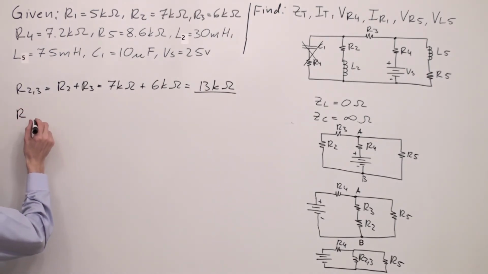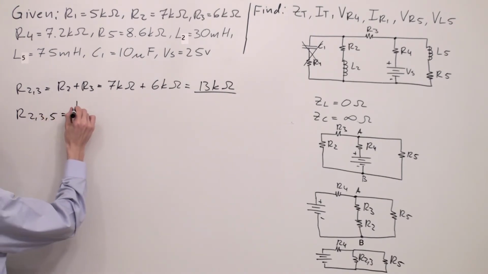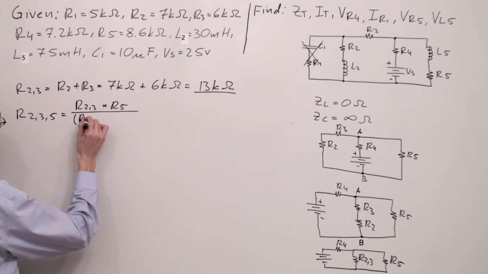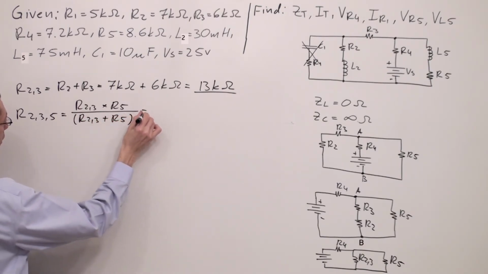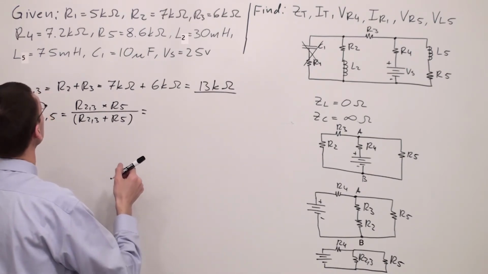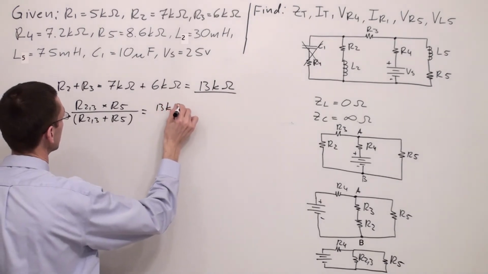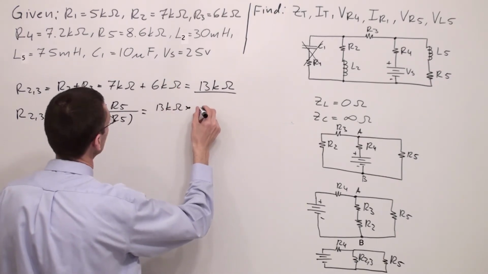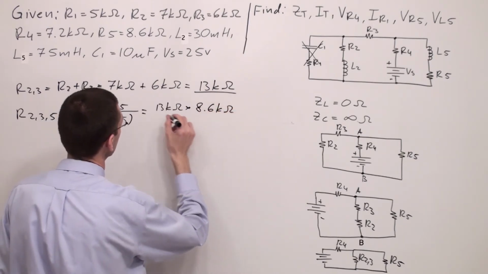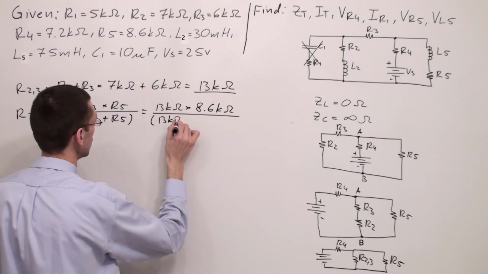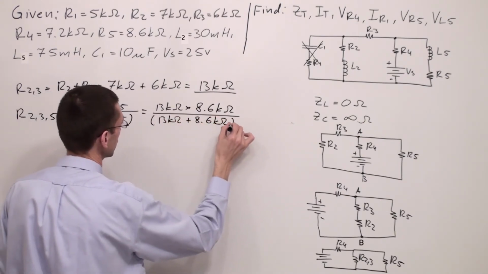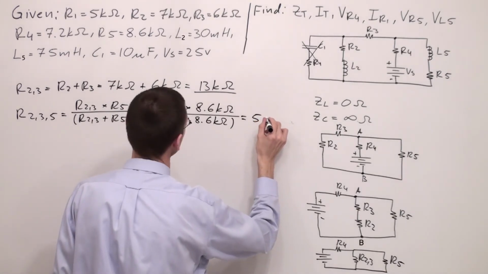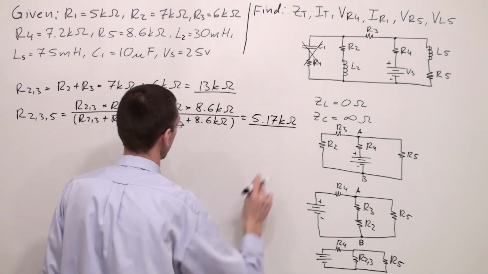So R235 is equal to R23 times R5 over R23 plus R5, where R23 is equal to 13 kilo ohms times R5, which is equal to 8.6 kilo ohms, over 13 kilo ohms plus 8.6 kilo ohms. This is equal to 5.17 kilo ohms.